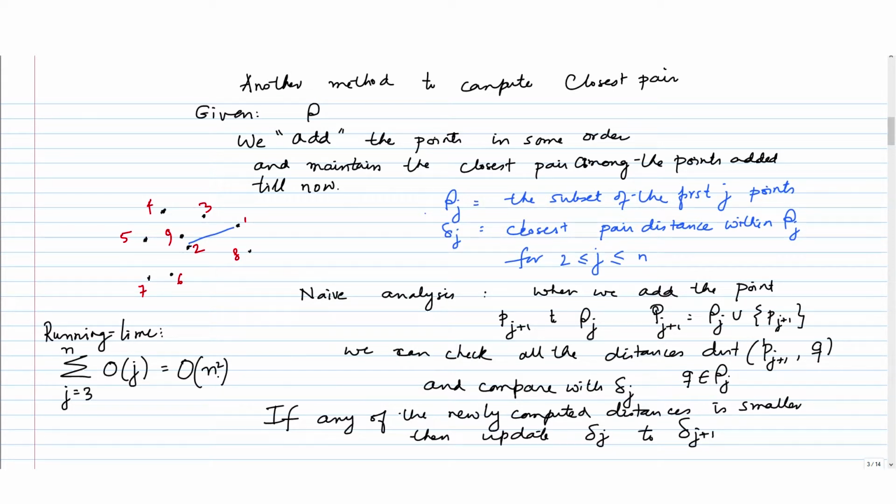Again it is 3 plus 4 plus 5 plus 6 all the way to n, and that is about order n square.